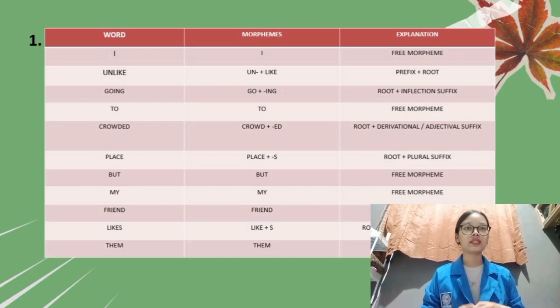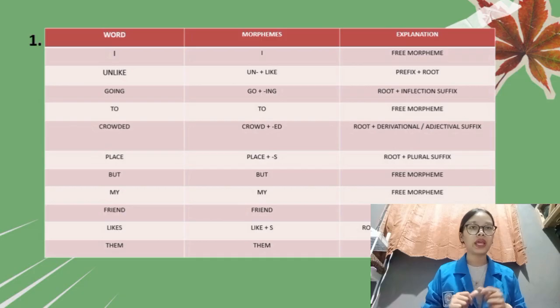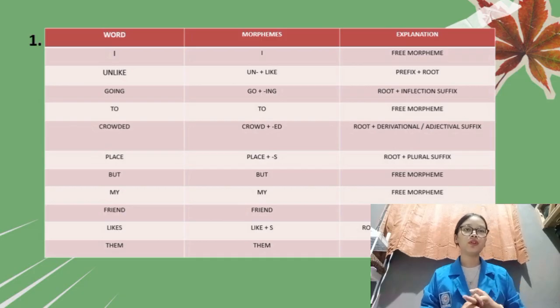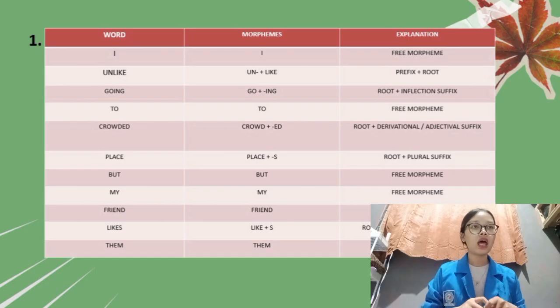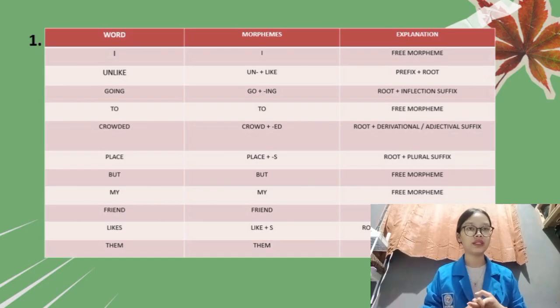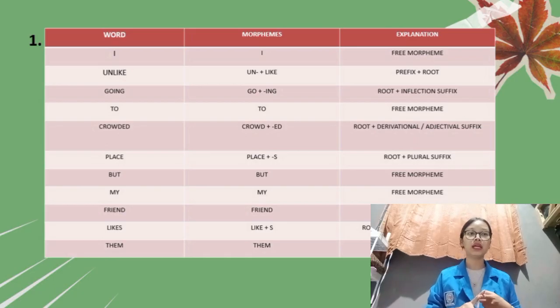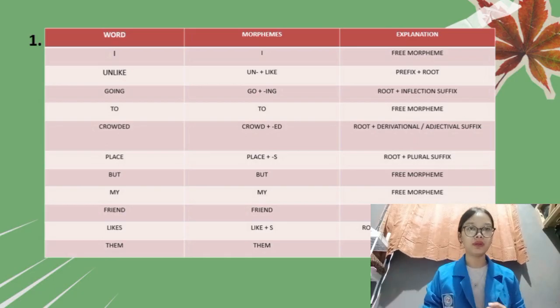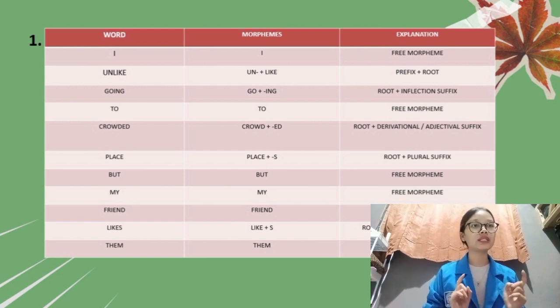The sixth is places. The morphemes are place plus s. The explanation is root plus plural suffix. Seventh is but. The morpheme is but. The explanation is free morpheme. Then my. The morpheme is my, and the explanation is free morpheme.